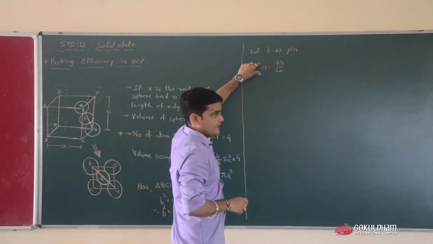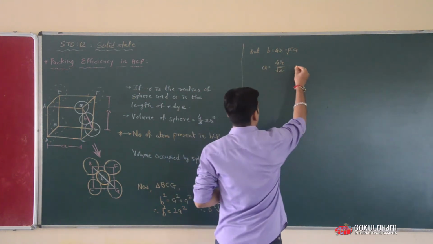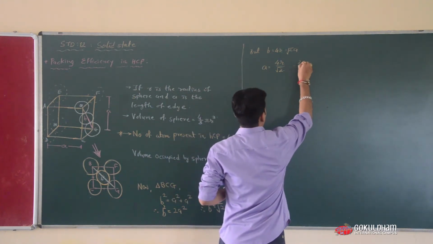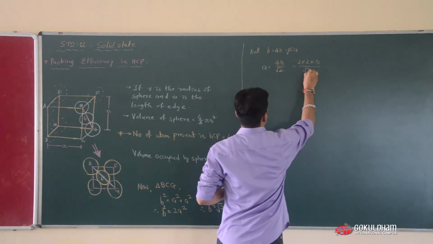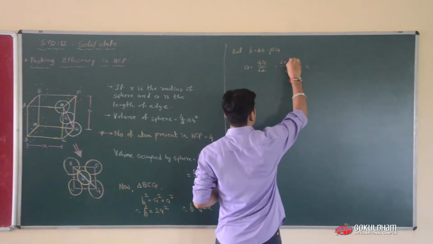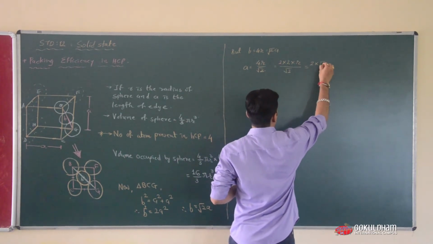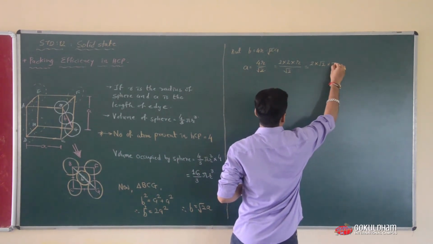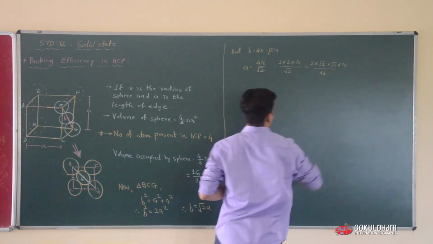We have our a. We have to simplify this. So 2 into 2 into r upon under root 2. This is also simplified as this 2 is converted into under root 2 into under root 2, so 2 into 2 into r upon under root 2.